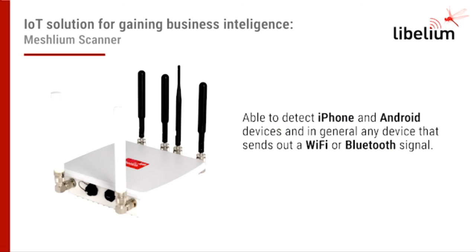Libelium Scanner is able to detect any device working with Wi-Fi or Bluetooth interfaces. These devices are detected without the need of being connected to any specific access point. This detection enables us to know whether it has been detected as a smartphone or a laptop or maybe a hands-free device within Libelium Scanner coverage, at a certain point and in a certain time.